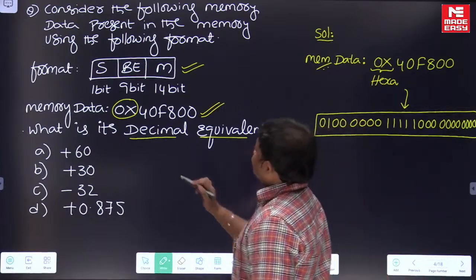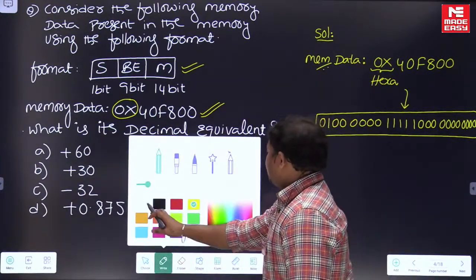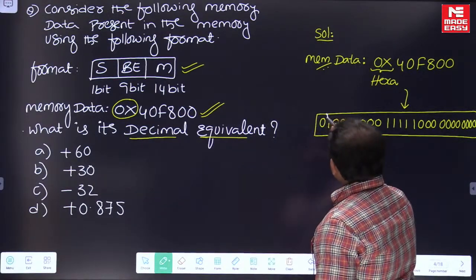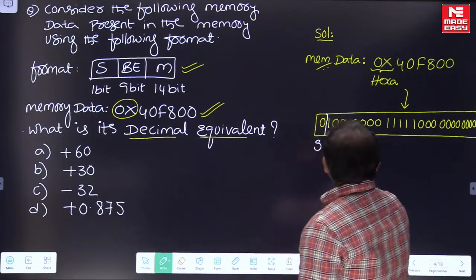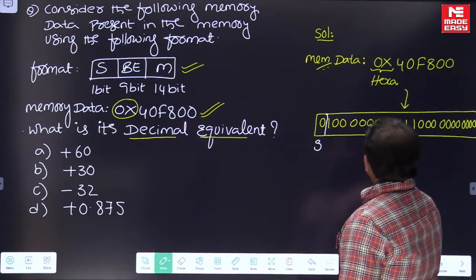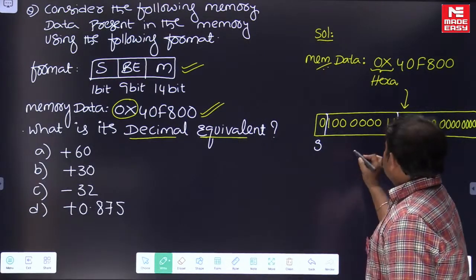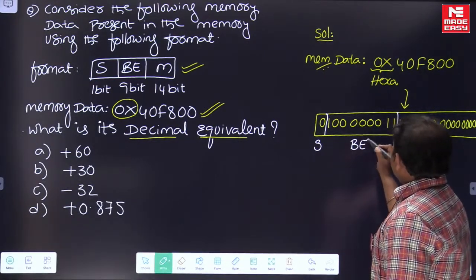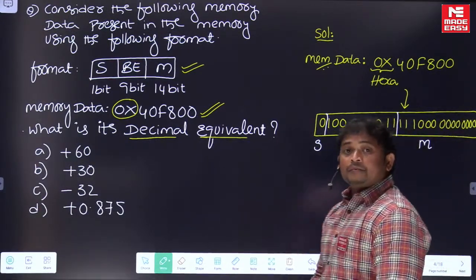Now this binary code is placed into the format. In this format, 1 bit is allocated for the sign. This is the sign. And the next 9 bits are allocated for the BE. And the remaining 14 bits are allocated for the Mantissa.